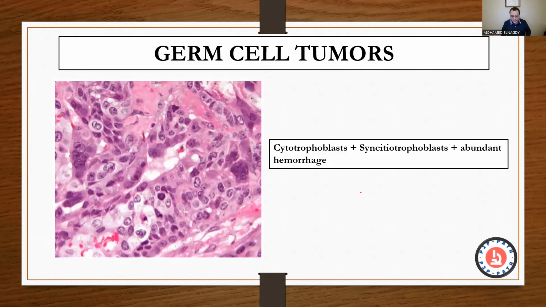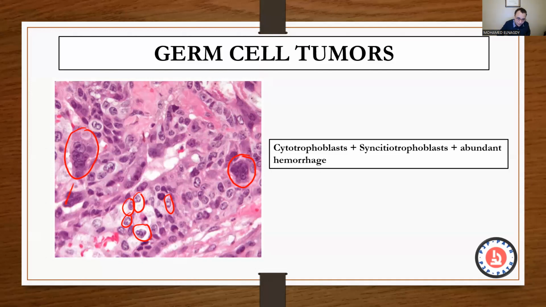Then the characteristic appearance of choriocarcinoma is right there. You have these cells with clear borders and separated cells. These are called the cytotrophoblast, but these are not the characteristic cell. The characteristic cell is right there, which are cells having multiple nuclei, as if they are cells which are merged together.